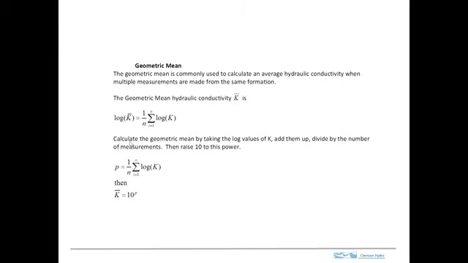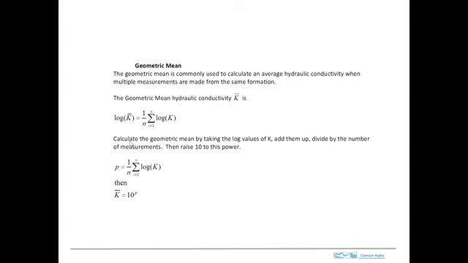Which one of these do you use? They'll be somewhat different. And so one of the things that you can do is combine them into an average value of hydraulic conductivity. And the way this is typically done is to use the geometric mean.